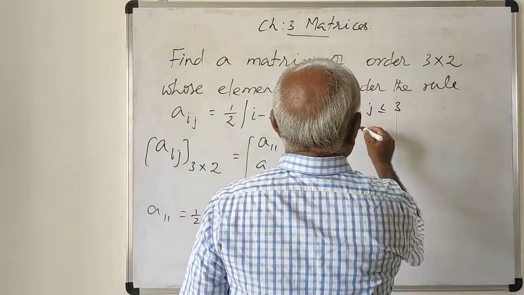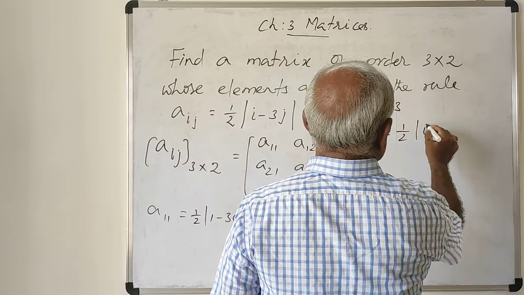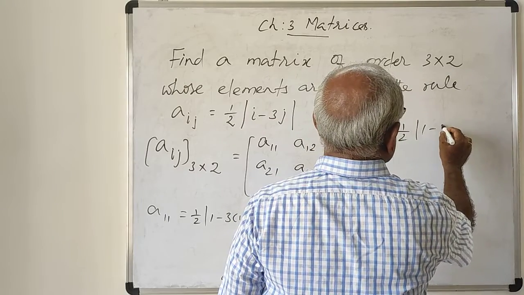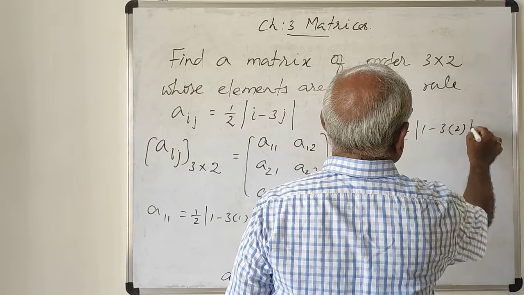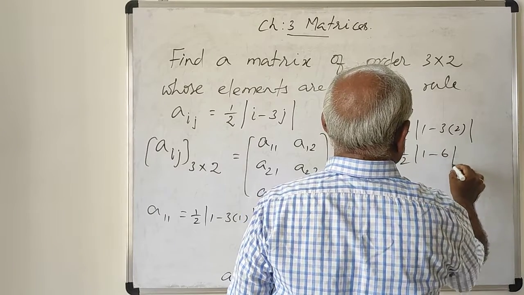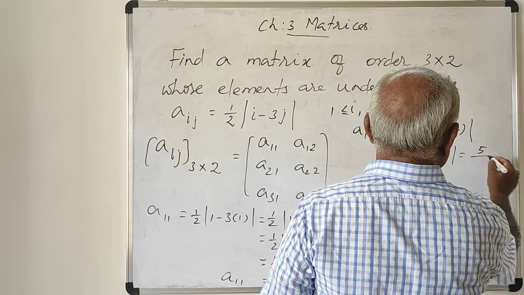Next, A12, here i is 1, j is 2, that is 1 by 2 into mod of 1 minus 3 times 2, which is 1 minus 6, that is minus 5, mod of minus 5 is 5, so 5 by 2.